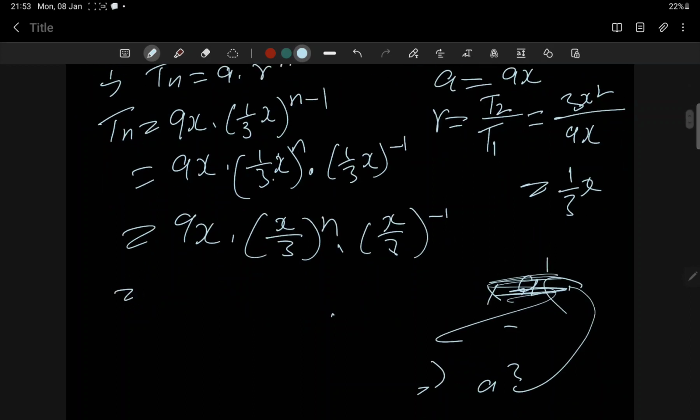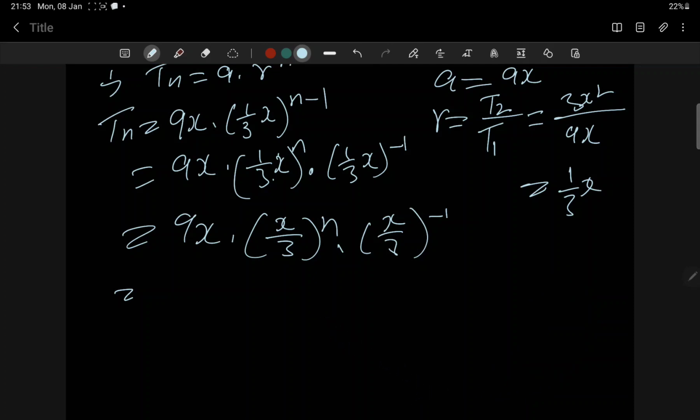Then we have 9x. We still have that 9x, and then this is x over 3 to the n. And here, because of the negative 1, we can invert this. We can rewrite this as 3 over x, without the negative 1.